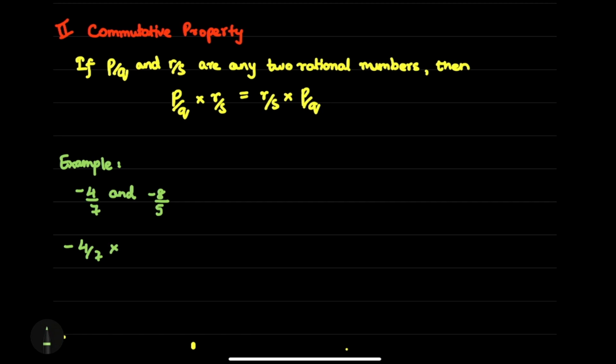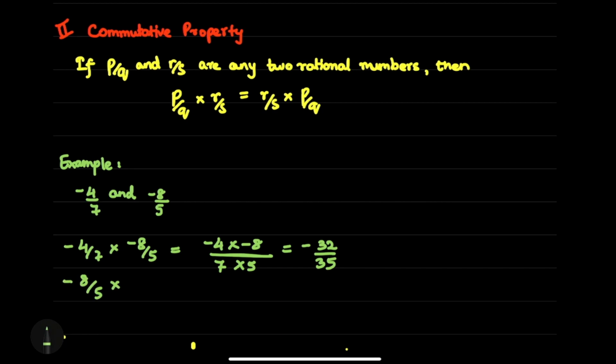In order to verify the commutative property, we will multiply both the values in two different orders and check whether the resulting product in both the orders is the same. So the first one is minus 4 by 7 into minus 8 by 5, which gives us minus 32 by 35.